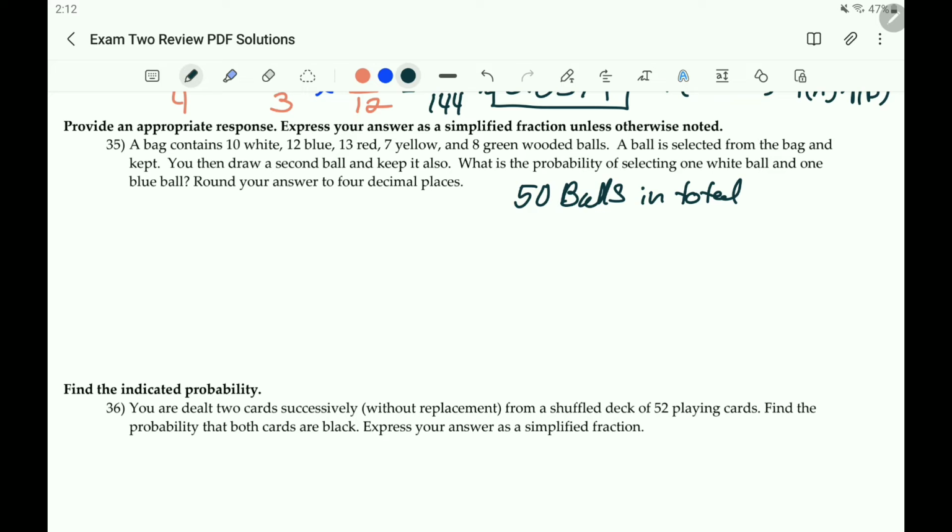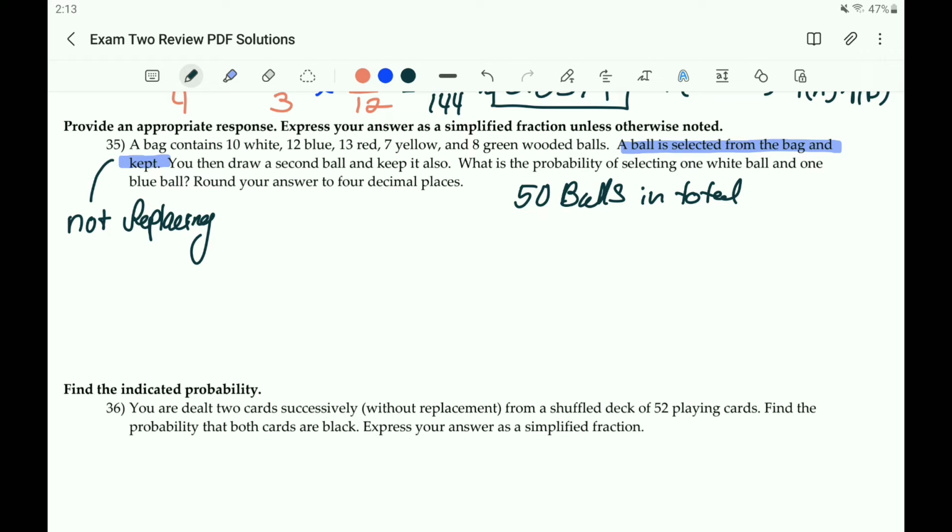All right. It says a ball is selected from the bag and kept. When it says a ball is selected from the bag and it is kept, that means you are not replacing. Let's write this down: not replacing. You then draw a second ball and it is kept as well.